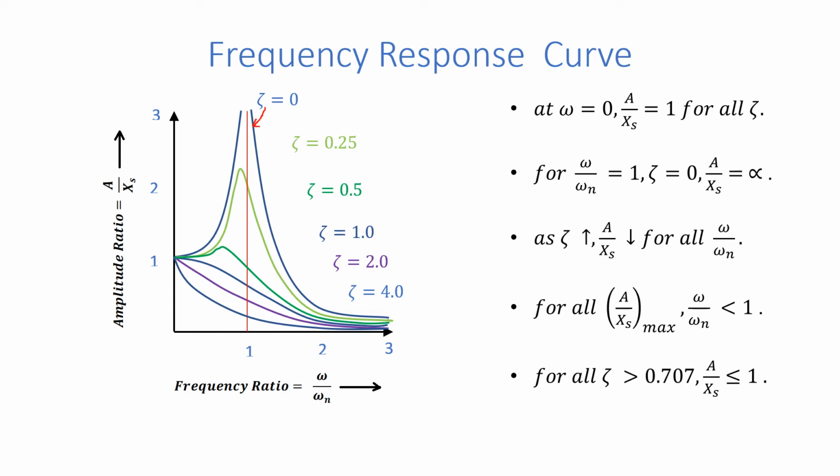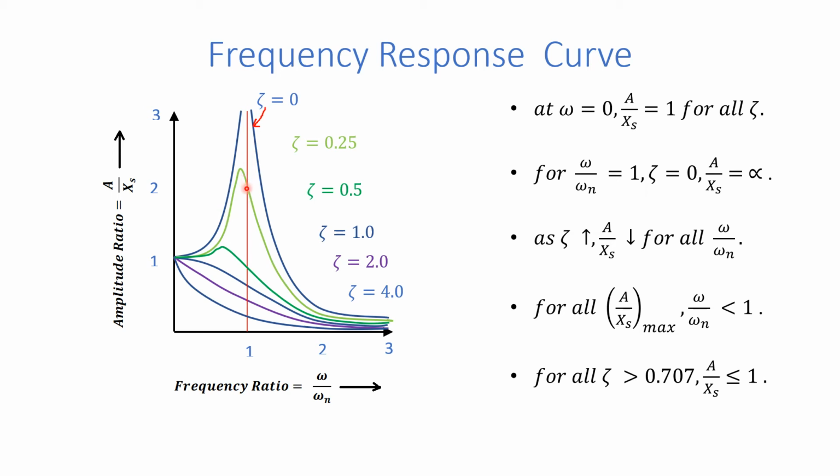Then for omega by omega n equal to 1, omega equal to omega n at resonance, what we get is infinite amplitude for a zero damping system. But as we introduce damping, we know the relation we have derived, amplitude ratio becomes 1 upon 2 zeta. So when zeta is increasing, amplitude ratio is decreasing.